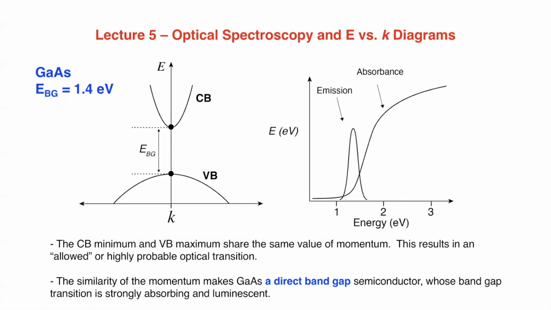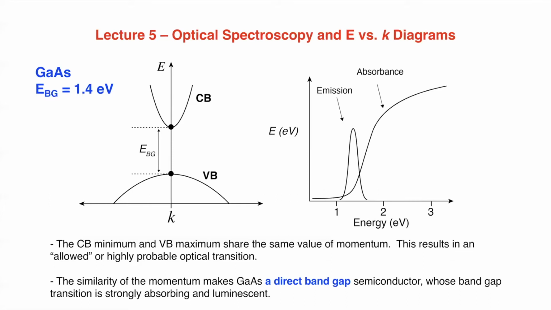Those two bands, the minimum of the conduction band and the maximum of the valence band, are both positioned at K equals 0. So the band gap spacing here is labeled on that diagram, and it corresponds to the K equals 0 point for the conduction band and the valence band.